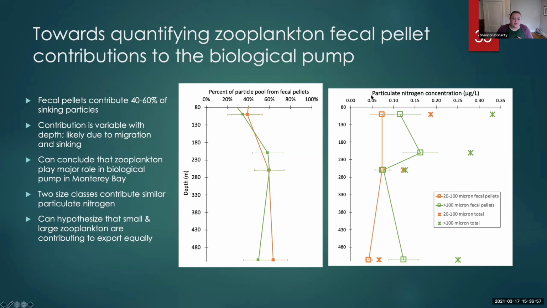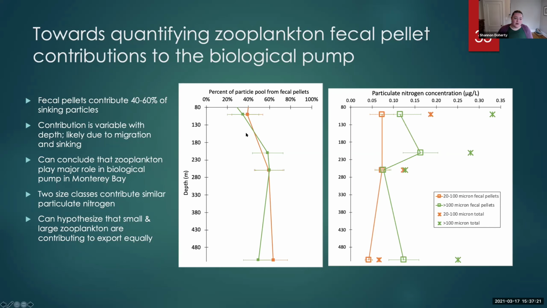And a similar plot is over here with particulate nitrogen concentration on the x-axis. And I started these plots around 100 meters, which is our export depth. So this is the depth below which we would imagine that these particles are contributing to carbon storage in the ocean. So that's why I start the plots there.